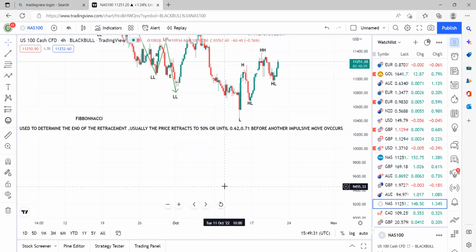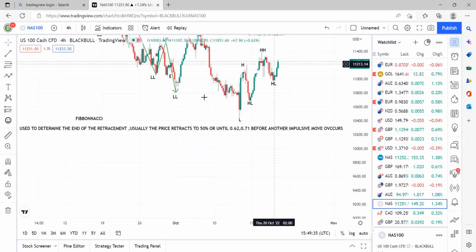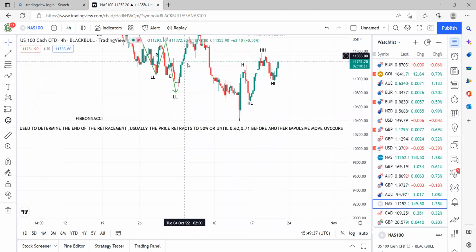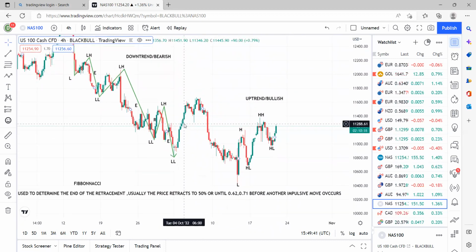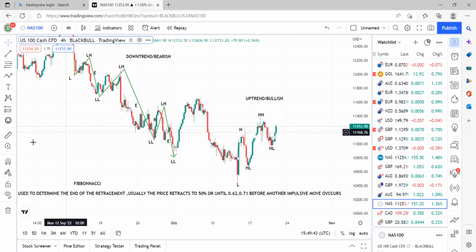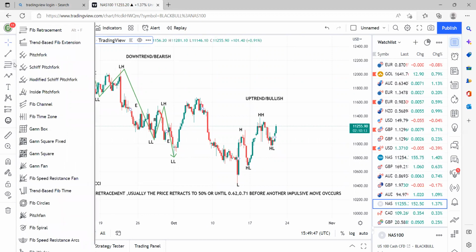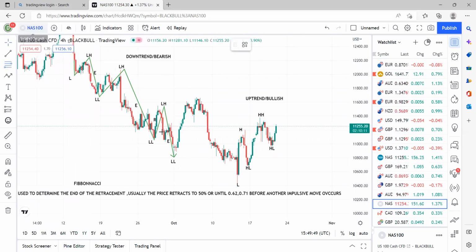So now we can still use an example of Fib on here. Our Fib, you put it on your highest high and your lowest low, and then you look for entry.